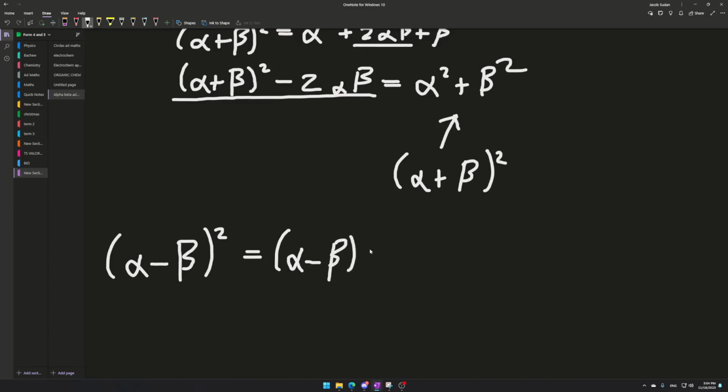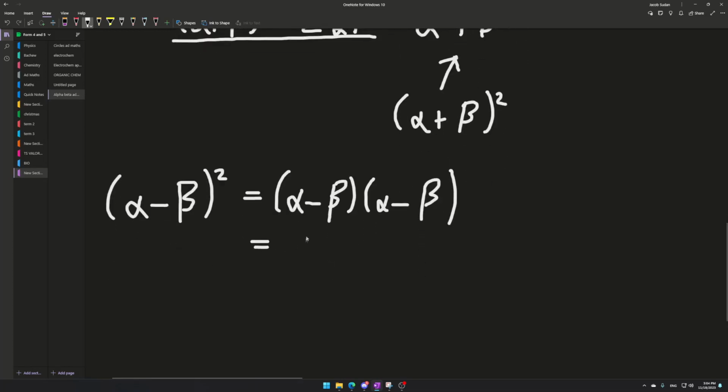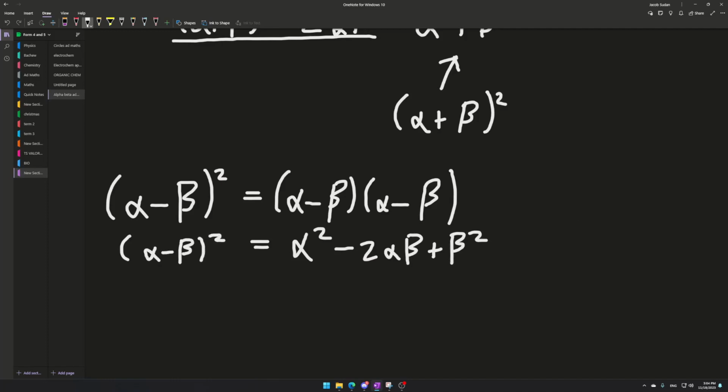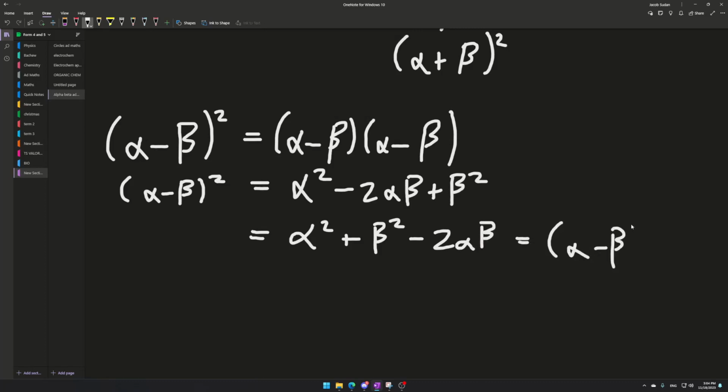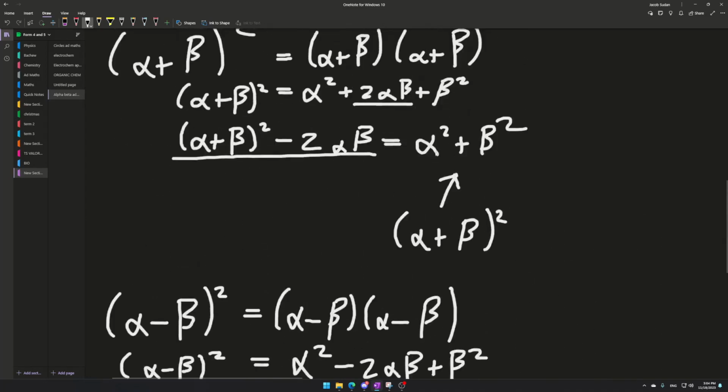Alpha minus beta squared is alpha squared minus two alpha beta plus beta squared. So we have this identity. Then we just find that alpha plus beta squared minus 4 alpha beta.